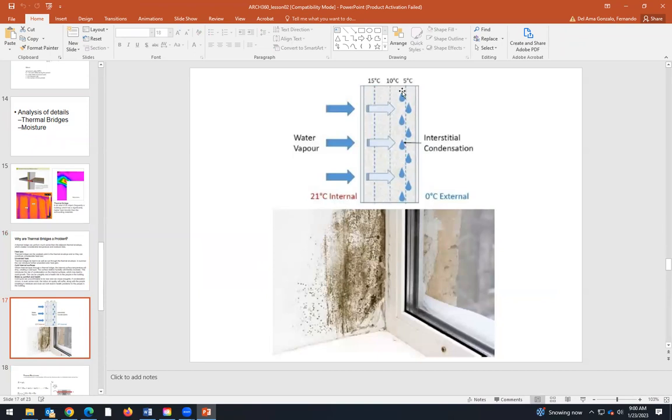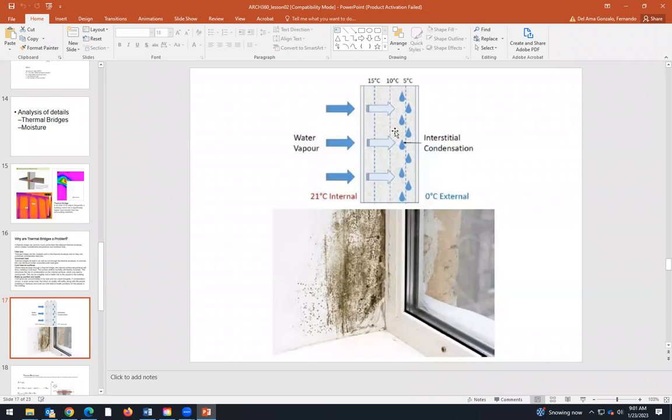This first happens inside, within this wall. We have water vapor, since people sweat, and the water vapor tends to escape. If we don't do anything, as it gets colder and as we get closer to the outdoor air, the temperature gets colder.